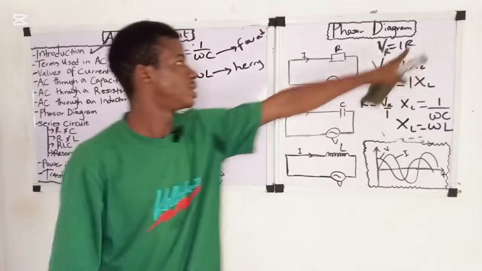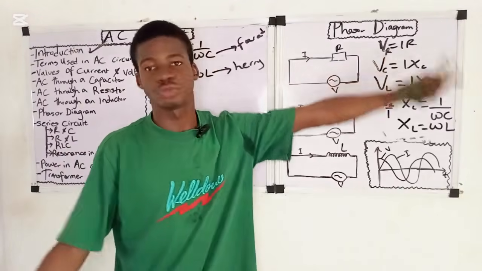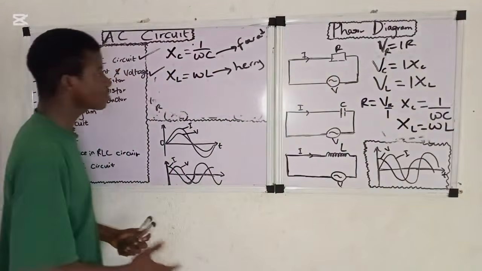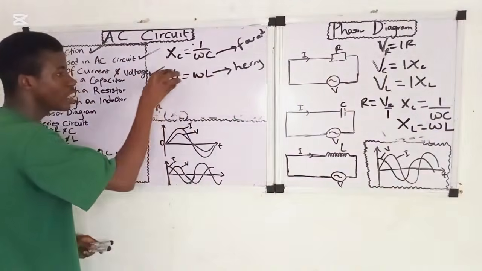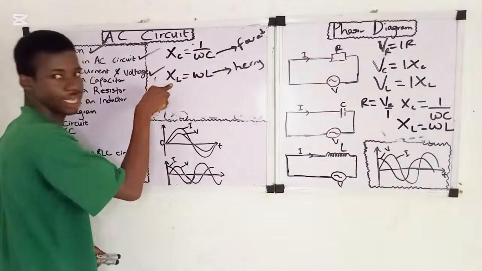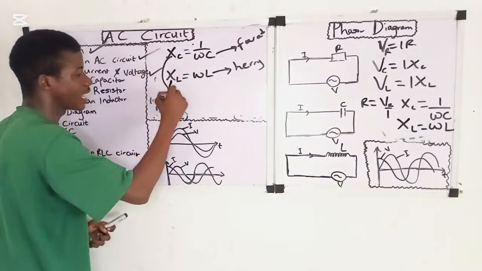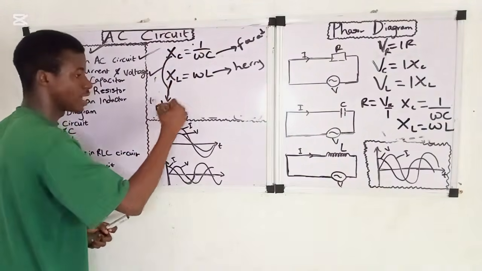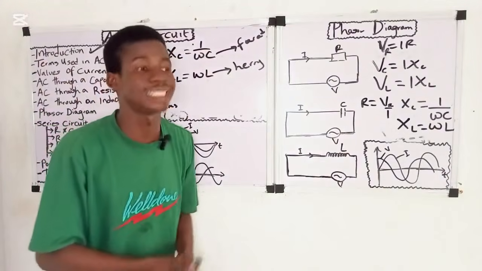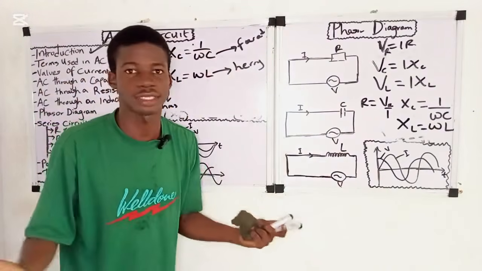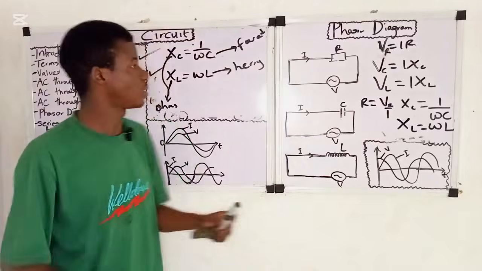What about the SI unit of resistance? It is ohms, right? And the SI unit of inductive reactance and capacitive reactance? I told you that resistance and reactance have the same SI unit. They are ohms.